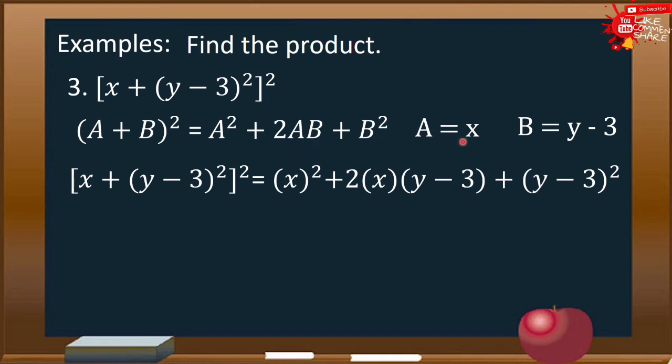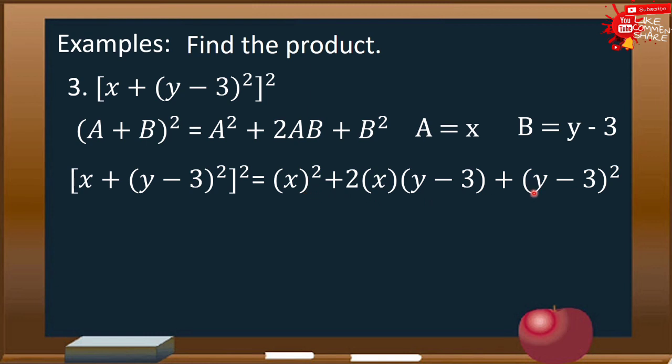Our a is x, substitute, and our b is y minus 3, substitute. So it is multiplication, so we have here 2 times x times the quantity of y minus 3 plus the square of b, wherein our b is y minus 3. So that's why we have here the square of y minus 3.